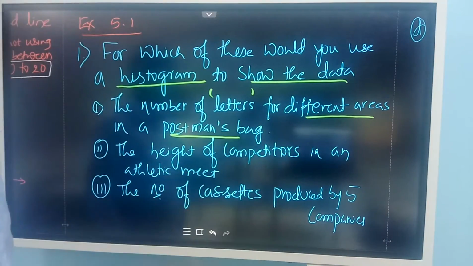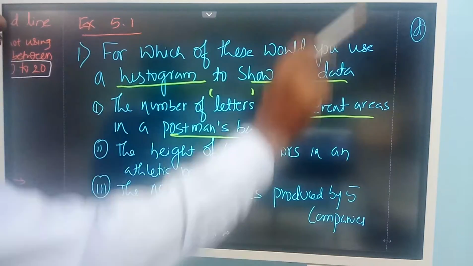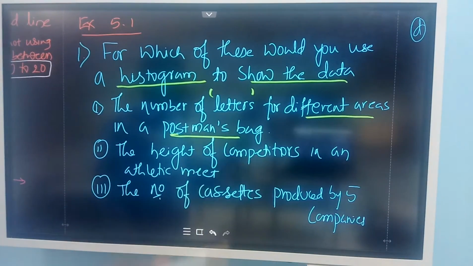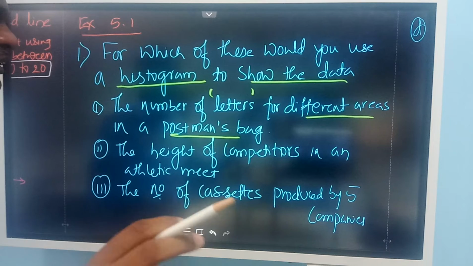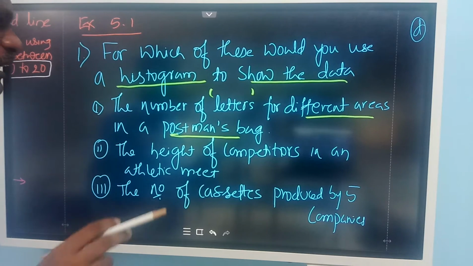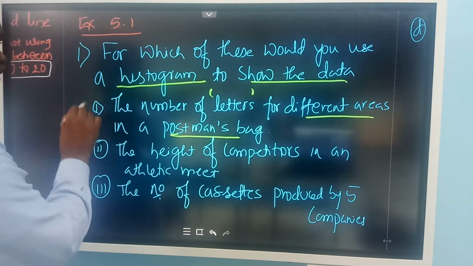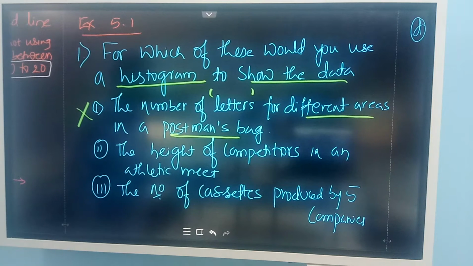For example, Navodaya, how many letters? Another one, Tumkur, how many letters to Tumkur? Or Golladli, how many letters to Golladli? Like that we use names there. So we don't use the class intervals along the horizontal line. So this is not for the histogram. We use only bar graph.